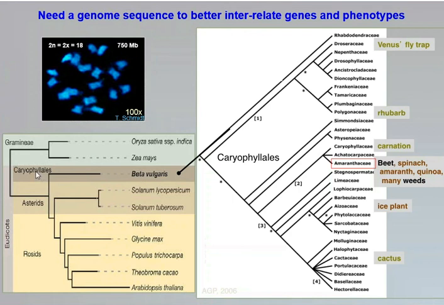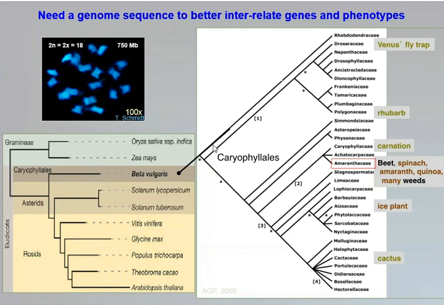There used to be a trichotomy or a polychotomy between the asterids, rosids, and the Caryophyllales, but it's now becoming a little more apparent that the Caryophyllales broke off from the asterids prior to the diversification of the rosids. But these are some sequenced genomes. Beta vulgaris is the only sequenced Caryophyllales genome that's been published out there.